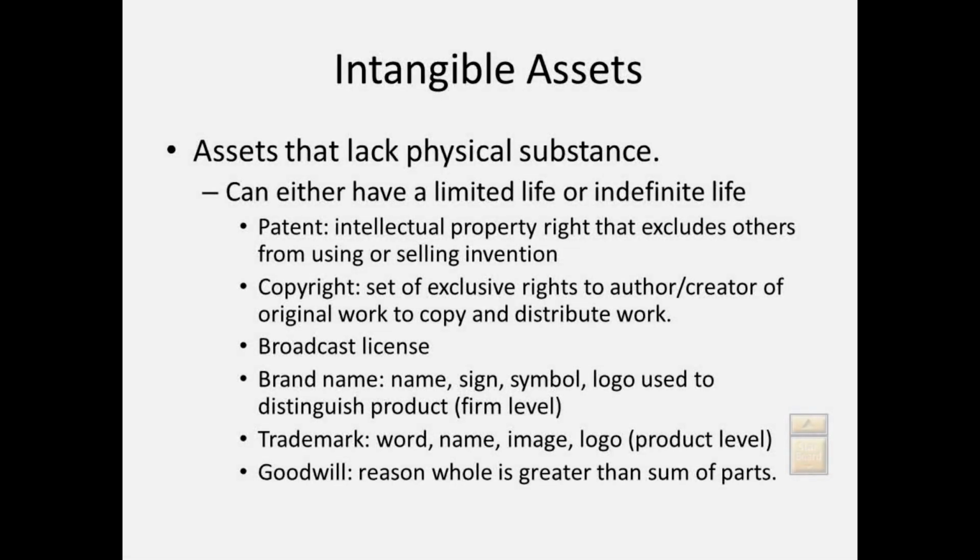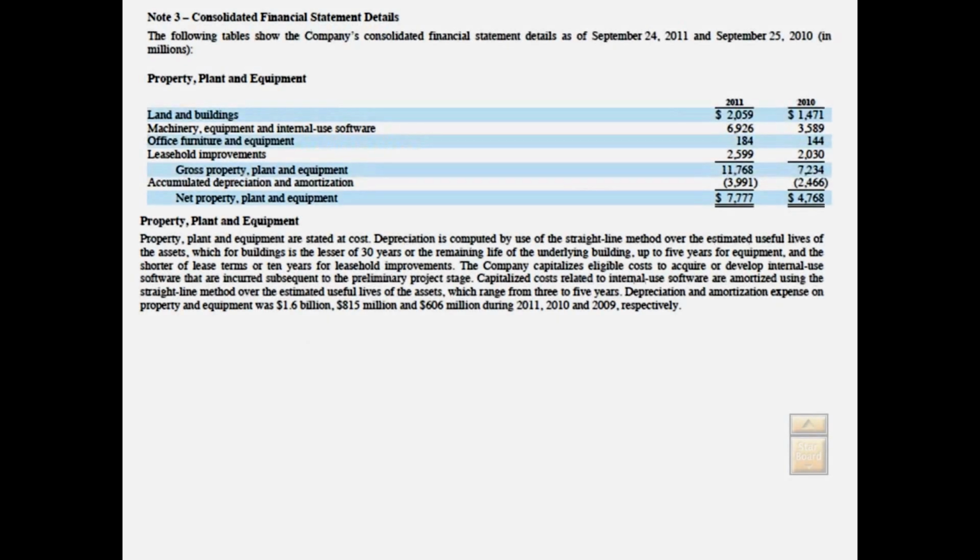Here's a definition of what these different kinds are, and here are some of their notes. I don't need to read you their notes. I just want to give you a picture of the kind of things a company like Apple would have in their PP&E, and how they measure them.